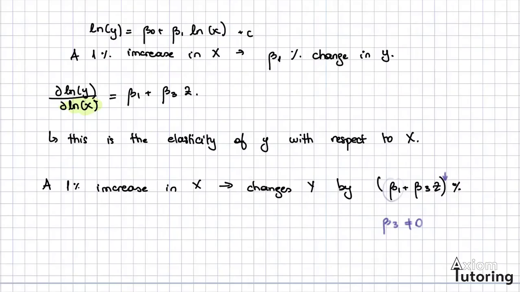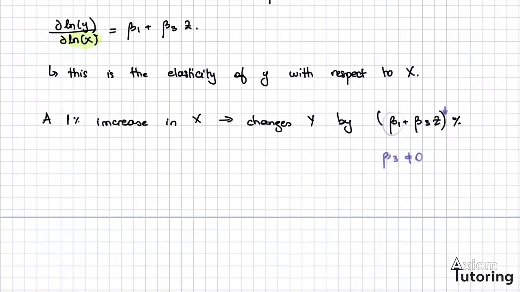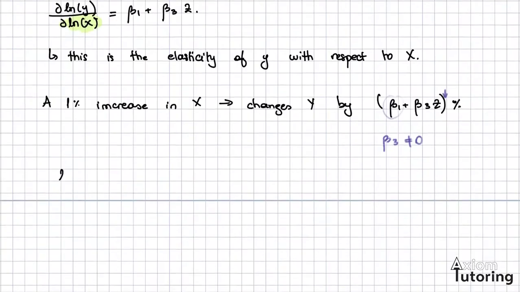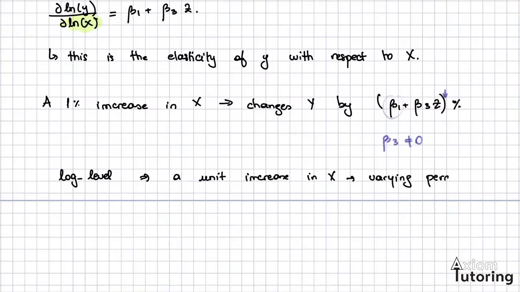If we compare this model, so if to some of you the material in this video reminds you a lot of the log level model with interaction, keep in mind there is a slight difference here, because in the log level with interaction, the interpretation that you made was that a unit increase in x led us to having a varying percentage effect.